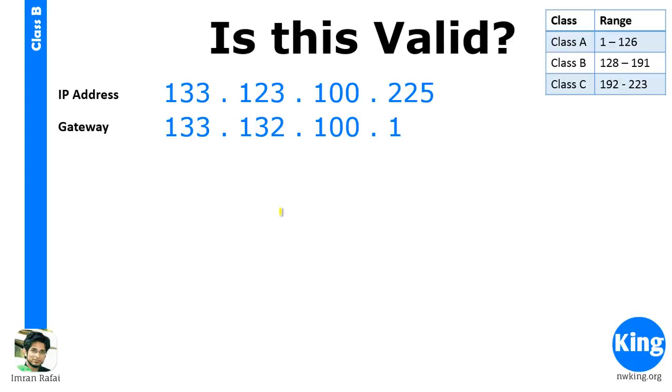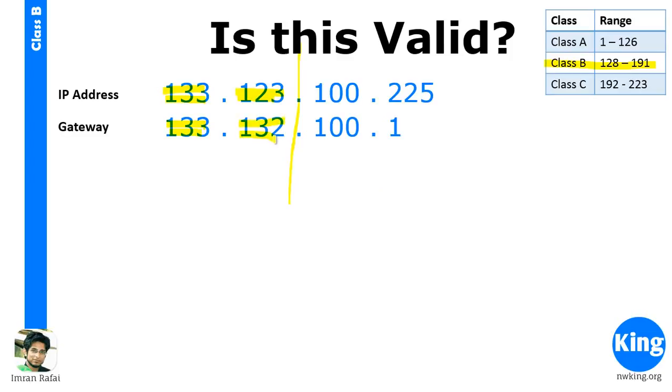Have a look and tell if it is valid. So how do we do that? I'm hoping that you already paused and you have an answer in your mind, but let me explain how to do it. First we look at the first octet. So we see 133, and 133 is class B. If it is class B, this is the division. So this part has to be the same as the gateway. Is it the same as the gateway?